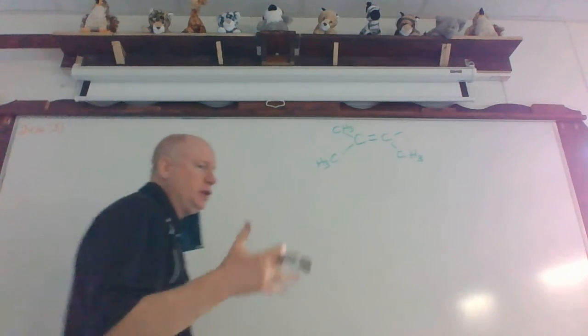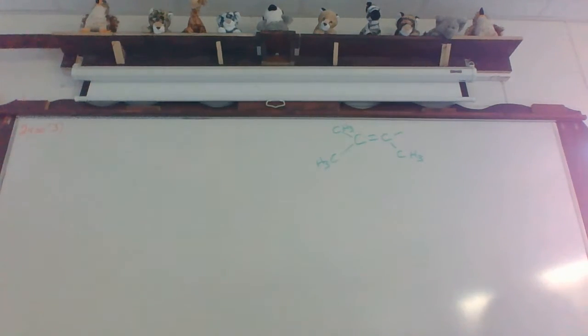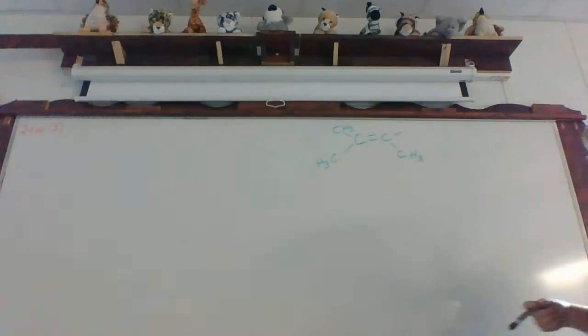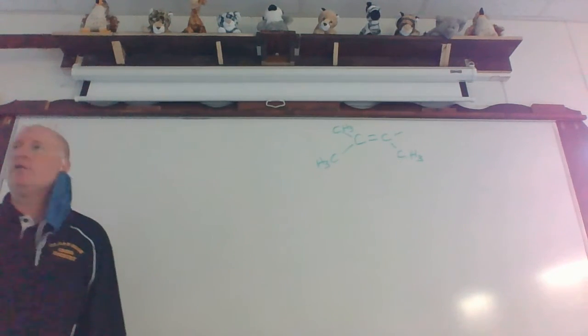Now, we said go by your hydrogens when you're trying to decipher if we have a cis or trans butene. In this case, does this have hydrogens pointing in opposite directions or the same direction?